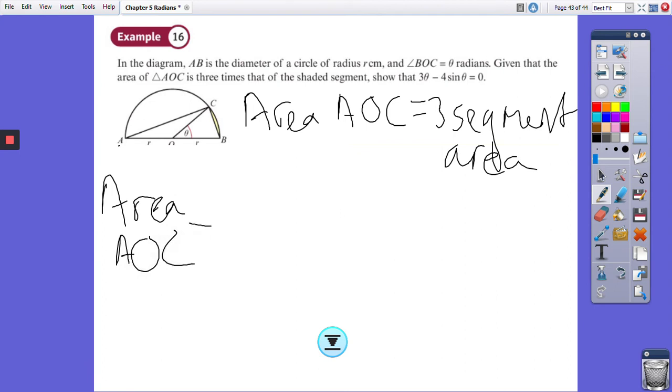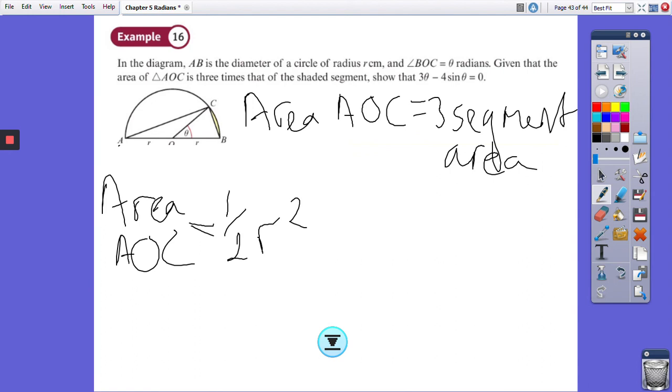Now, AOC is a triangle, and the area of a triangle is going to be half ab sine C. But a and b are going to be R because they're the radii of the semicircle there. So what we've got is a half R squared, and the angle there is not going to be theta, because all the way round is half a circle.